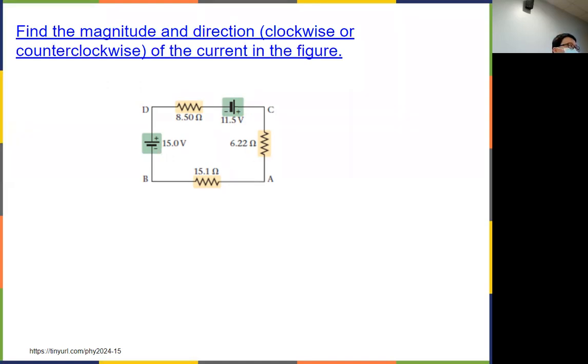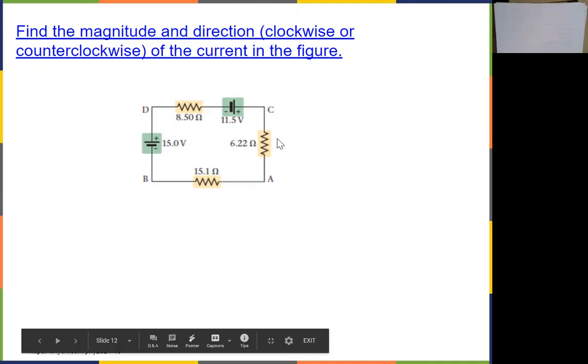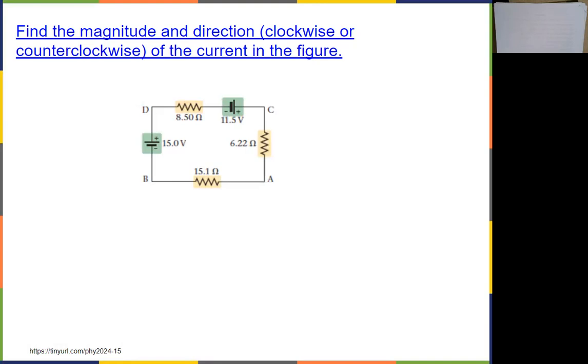It's asking you to find the magnitude and direction of the current in the figure. Let me redraw the circuit over here.